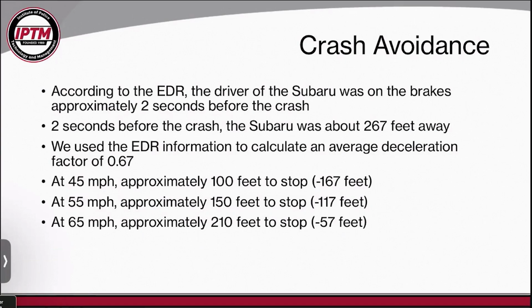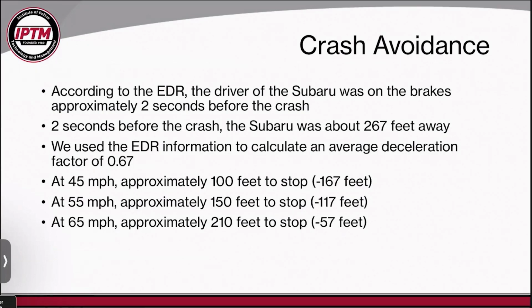Well, here, the 0.67 that I have on the screen is coming from the event data recorder. It's what the vehicle was reported to have achieved. So applying that deceleration factor with a speed of 45 miles an hour, we see that it would have only taken approximately 100 feet to stop, giving him plenty of distance to avoid this collision.